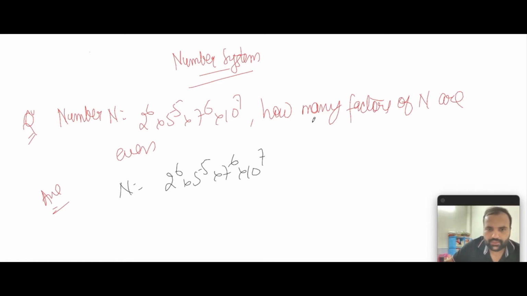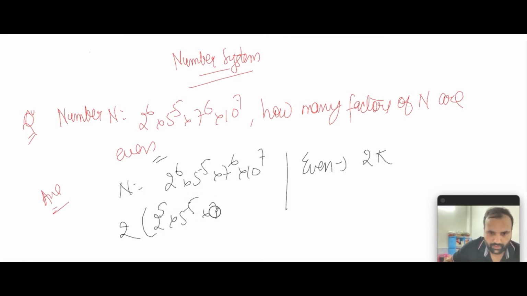It is straight away asking for even, and we know, we have studied this so many times now, that even numbers are in 2k form. So we are taking 2 away from here, and whatever is left behind is okay. So we have 2 to the power 5 into 5 to the power 5 into 7 to the power 6 into 10 to the power 7.